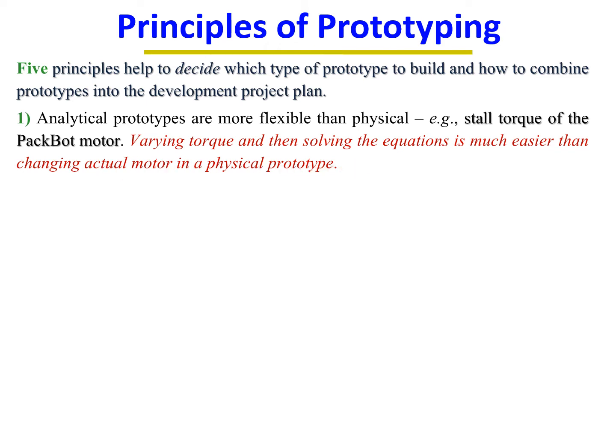You know that there is a motor. Each motor is for a certain torque. It will produce this torque. So if you want to change these motors in the real physical one, it will be very complicated. But in your equation or in your simulation, you can change the torque and see. So analytical prototypes are more flexible. You can do a lot more changes at the analytical level than at the physical level.